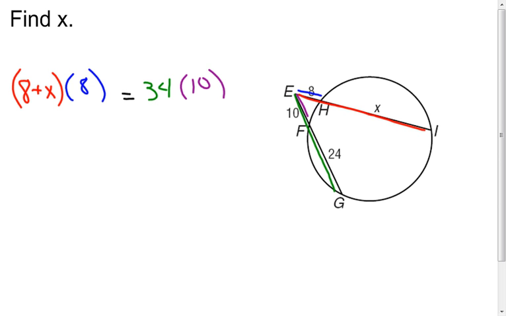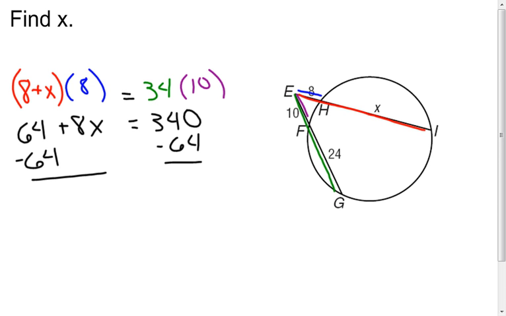If I distribute on the left side, I'm going to have 64 plus 8x, and my right side is going to equal 340. If I subtract the 64 from both sides, I end up with 8x equal to 276, and then I just have to divide both sides by 8.